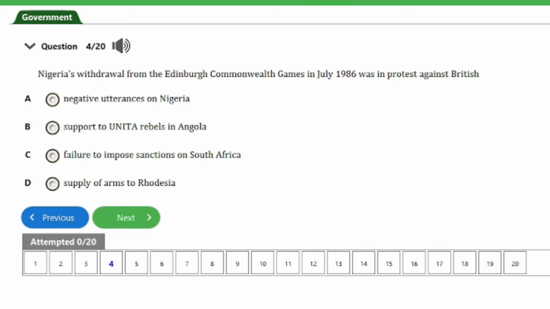So guys, the answer to this question is option C here. That's failure to impose sanctions on South Africa. So let's head on to the next question, guys.